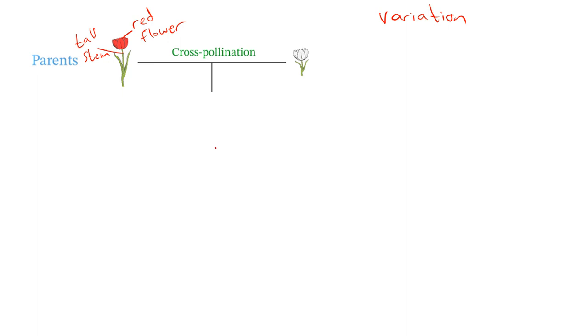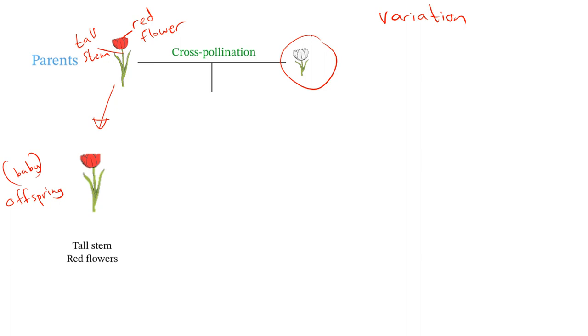And now let's say they make an offspring, they make a baby. Well, the baby can look like the mum plant, it can look like this plant. Remember, we call the babies offspring. It can also look like this plant. So it can be white with a short stem or red with a tall stem.